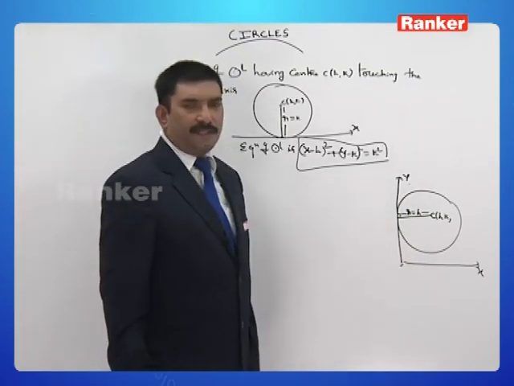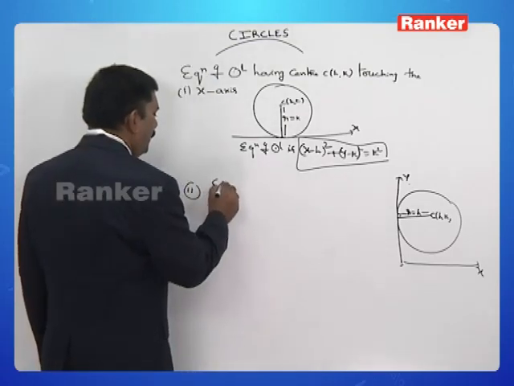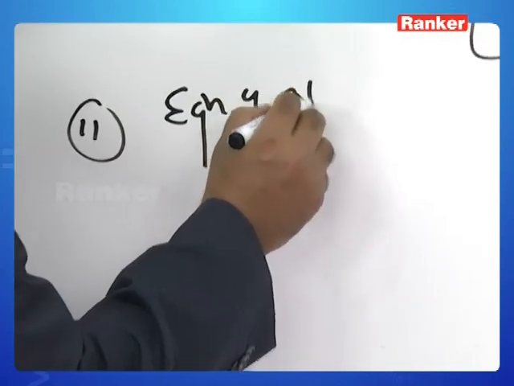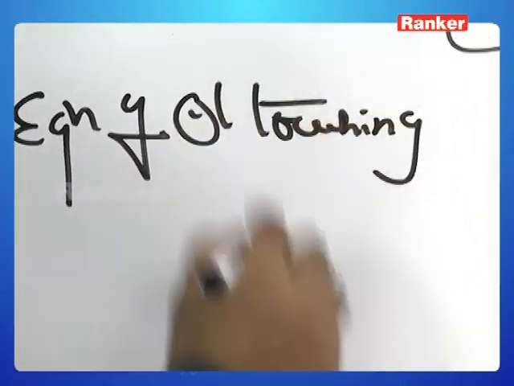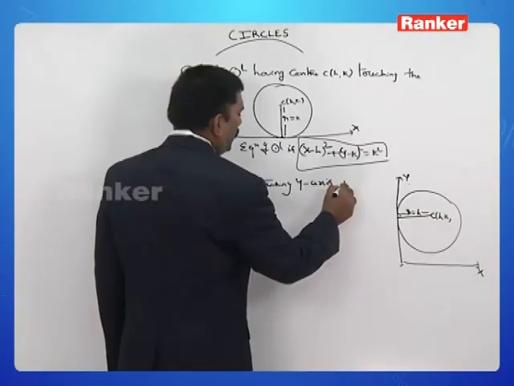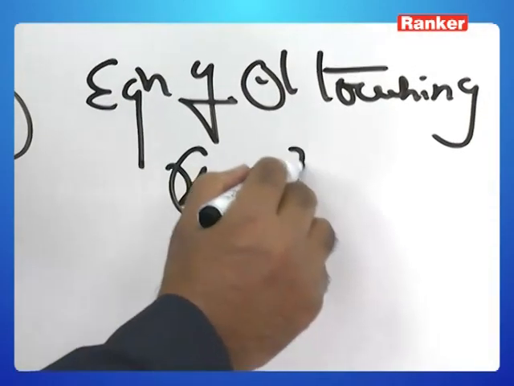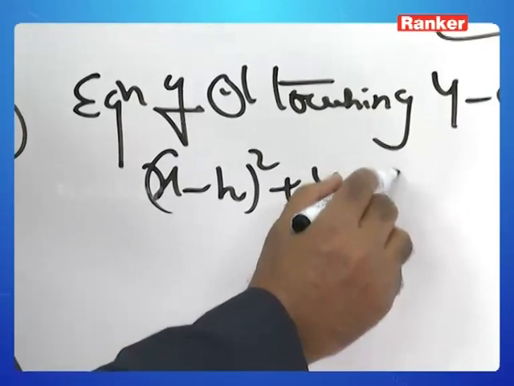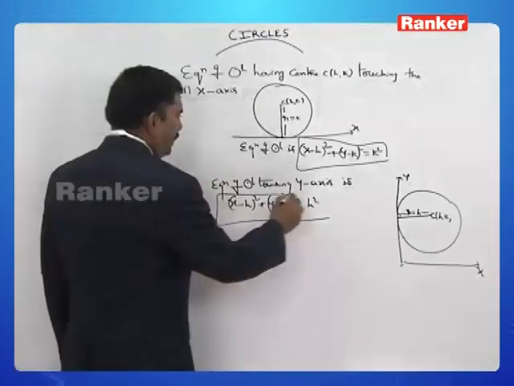You know the center, you know the radius. Then the equation of the circle touching the y-axis is x minus h whole square plus y minus k whole square is equal to h square.